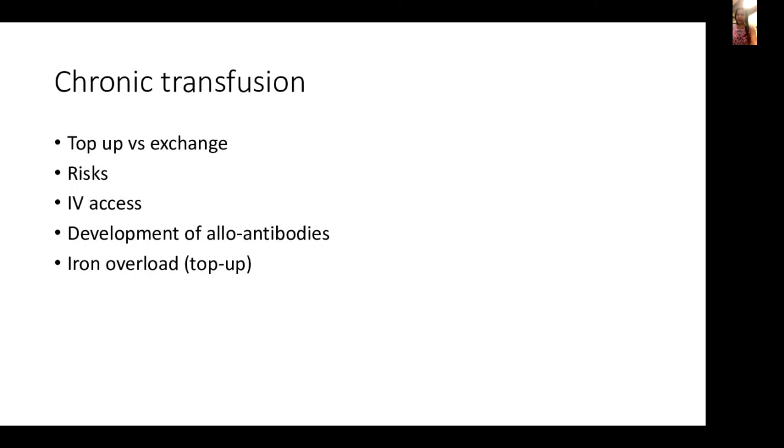The good news is that there was the TWiTCH study, a major study, looking at switching over to hydroxycarbamide after having transfusions for a year with normalization. So in patients that have had at least a year of transfusions and their Dopplers have improved and they've had a normal scan, we could possibly at that stage consider switching to hydroxycarbamide.